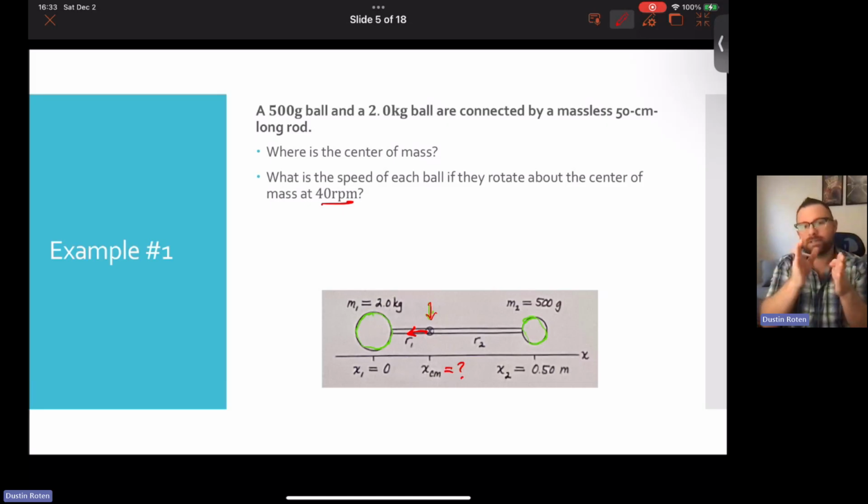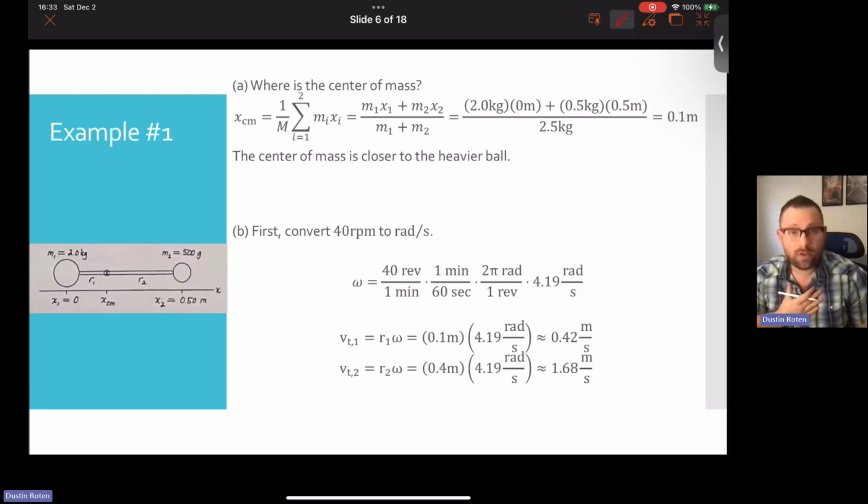If the center of mass isn't in the middle, each one will have a different tangential velocity. Even though they're both spinning with the same angular velocity, the same omega, they'll each have a different radius, so they'll each have their own separate tangential velocities. Let's think about how we can calculate this.